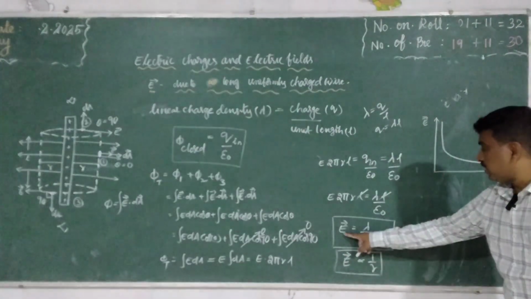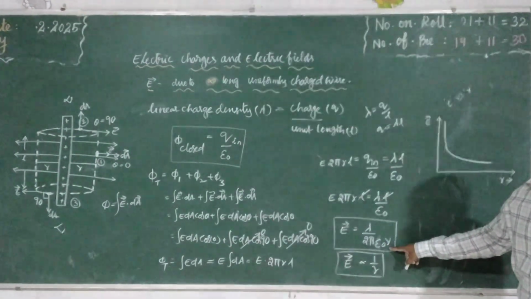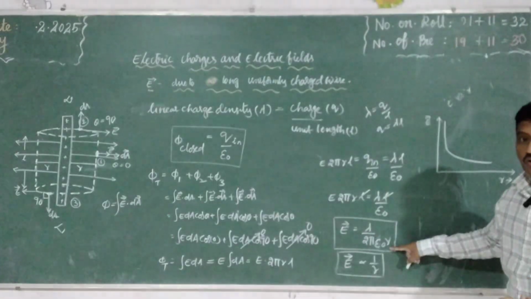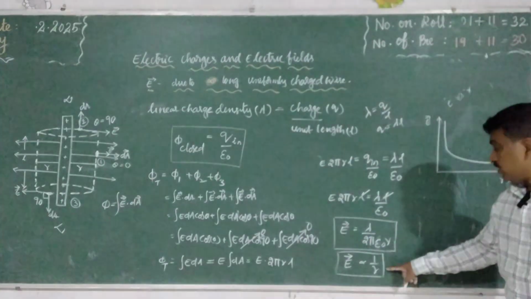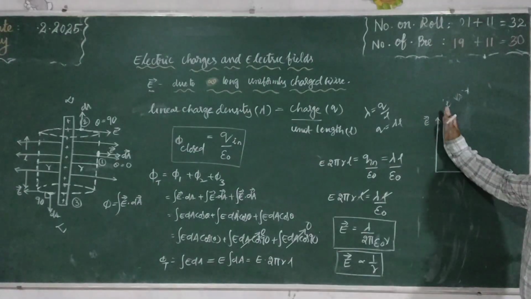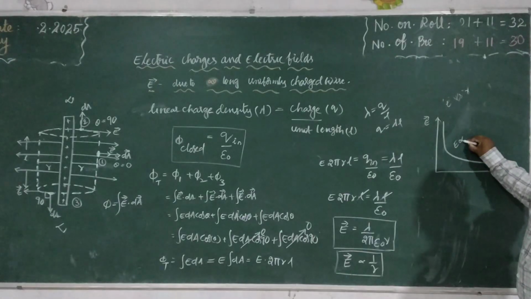So what is the relation between the electric field and the distance from the infinitely long uniformly charged wire? If the distance is less, the electric field is more. As distance increases, the electric field decreases.